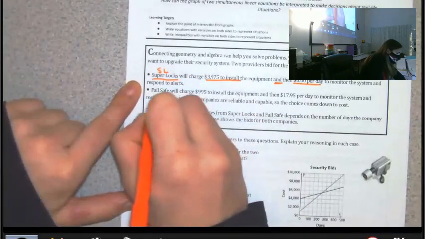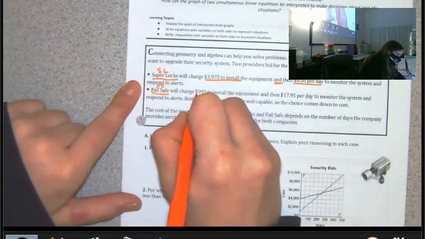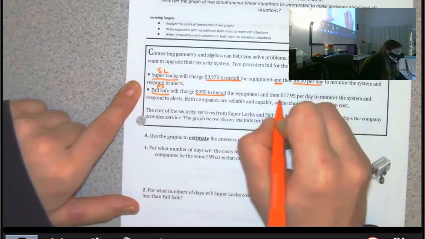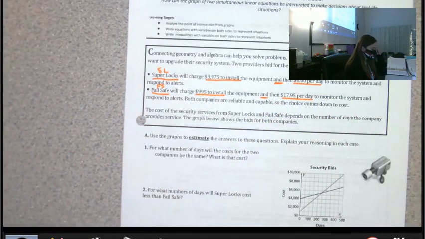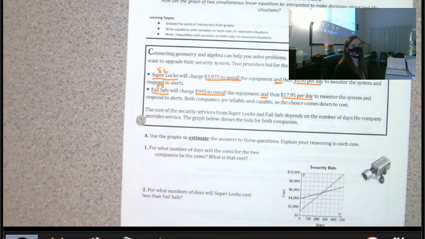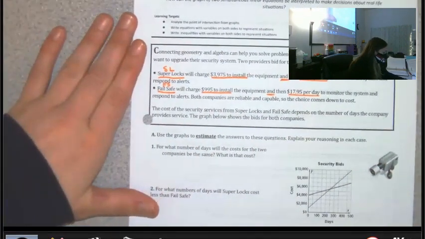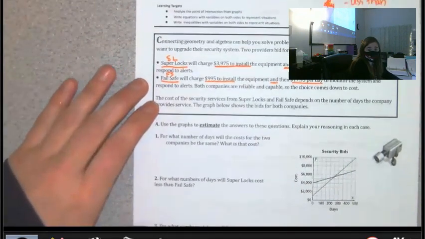While Failsafe, FS, will charge $995 to install the equipment, so a lot less, but they now charge $1,795 per day to monitor the system and respond to alerts. Both companies are reliable and capable, so we don't have to worry about that. So the choice is down to the cost, which is always nice for us.